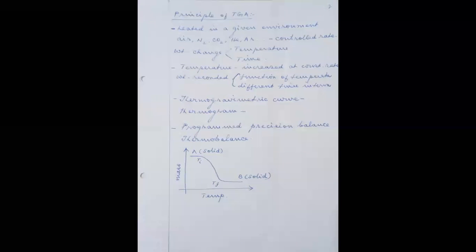In order to carry out a very accurate thermogravimetric analysis, a programmed, very precise balance is required. This balance is called a thermobalance because the balance itself has to work at high temperatures.